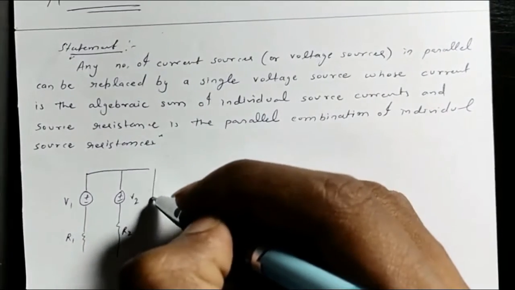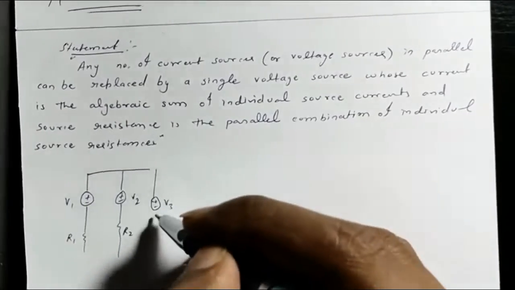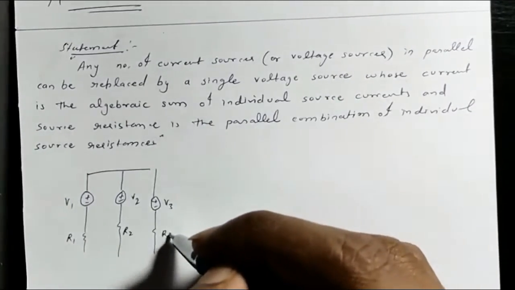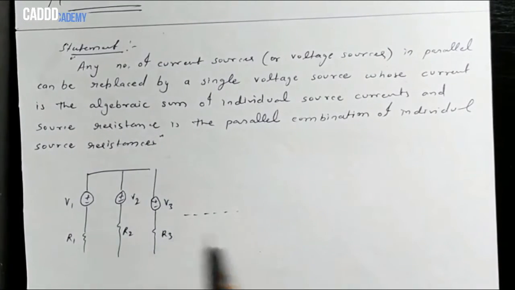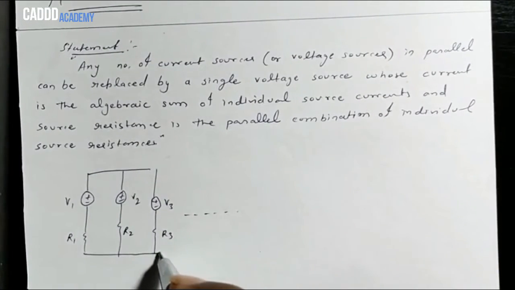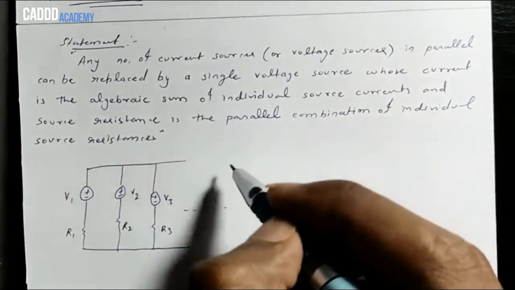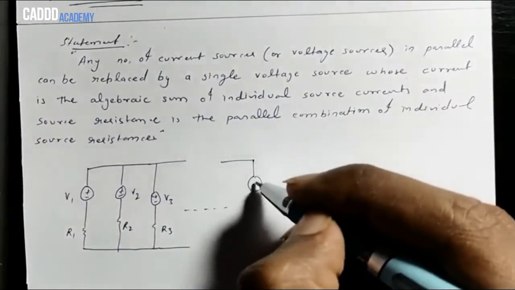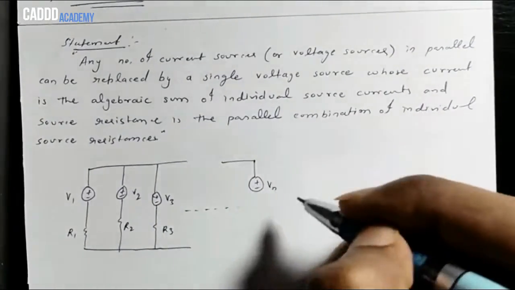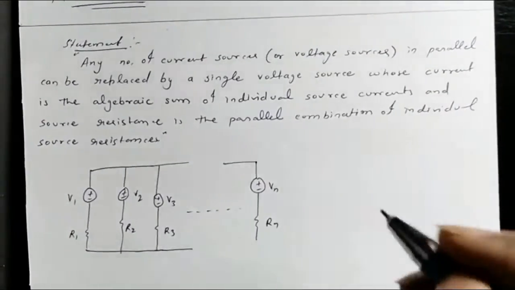After that we have V3 and here we have R3, and so on. And this goes up to Vn, and the resistance here is Rn.